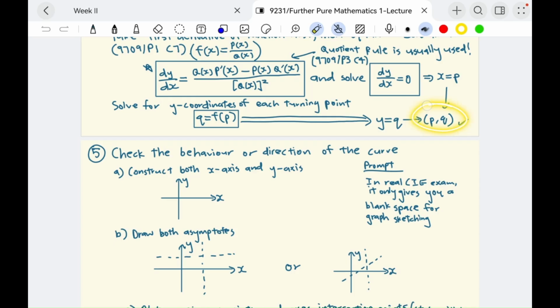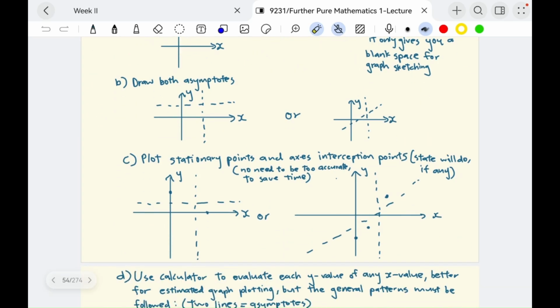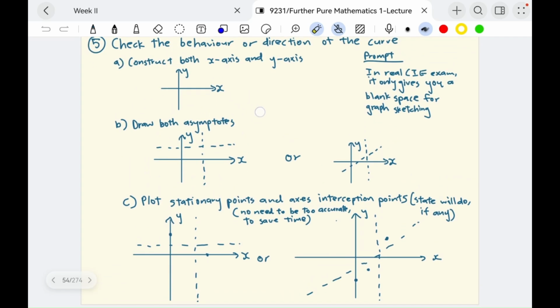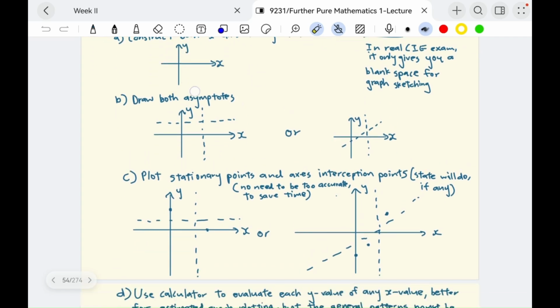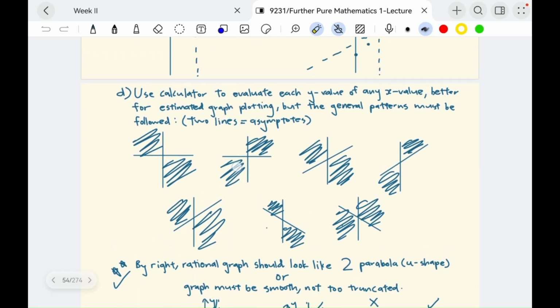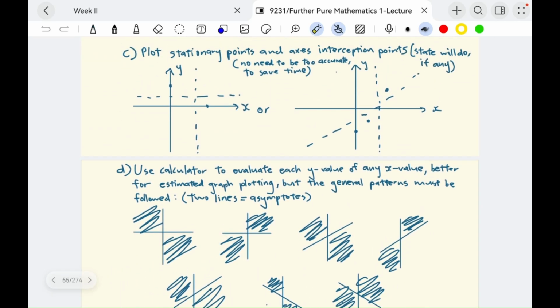So this is the stationary point to be plotted inside your rational graph. Then construct the table of x values, draw the asymptotes, plot the stationary points and the intercepts, and state the coordinates of the intercepts as well. This is a high encouragement from me.